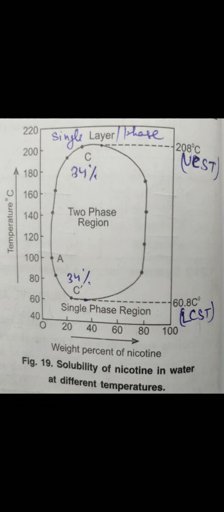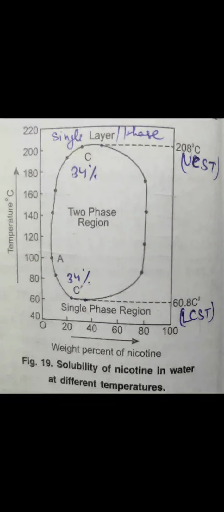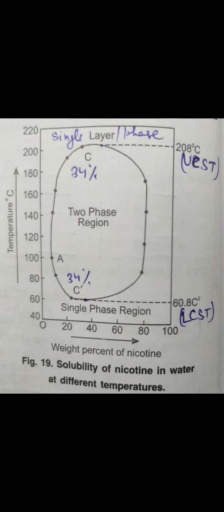What it means? इसका मतलब है कि जब टेम्परेचर 208 डिग्री सेल्सियस पहुंचेगा, उस टेम्परेचर पे nicotine in water layer and water in nicotine layer will become completely miscible, and above that only one layer will exist. Is it clear?